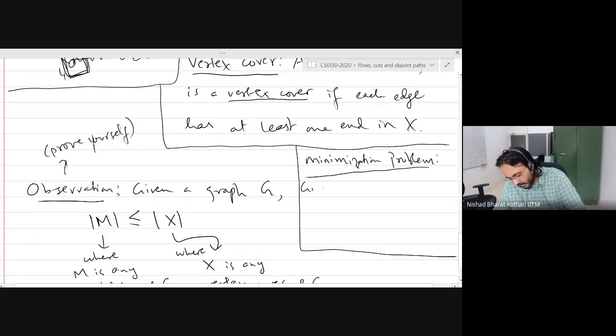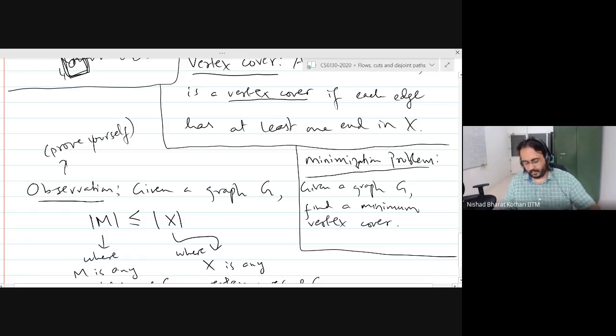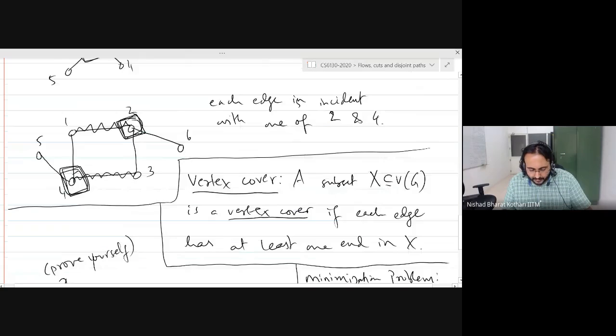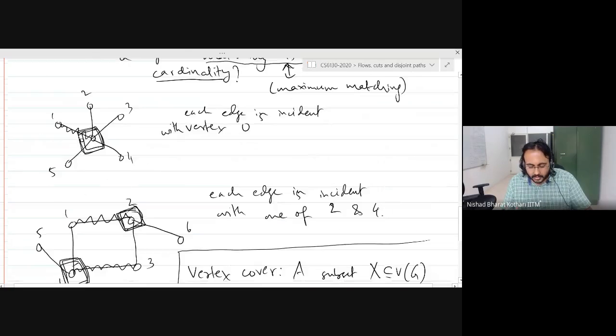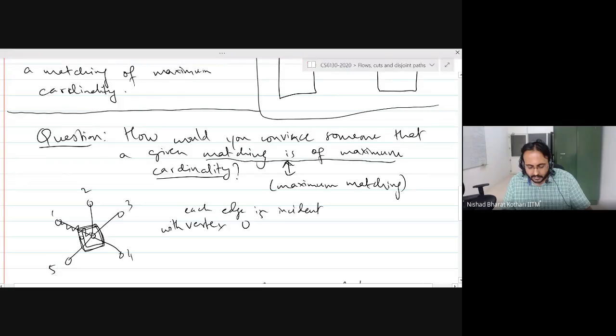Given a graph G, find a minimum vertex cover, by which I mean a vertex cover of minimum cardinality. Okay? And again, the question arises, if you have a vertex cover, how do you convince someone that a given vertex cover is of minimum cardinality?